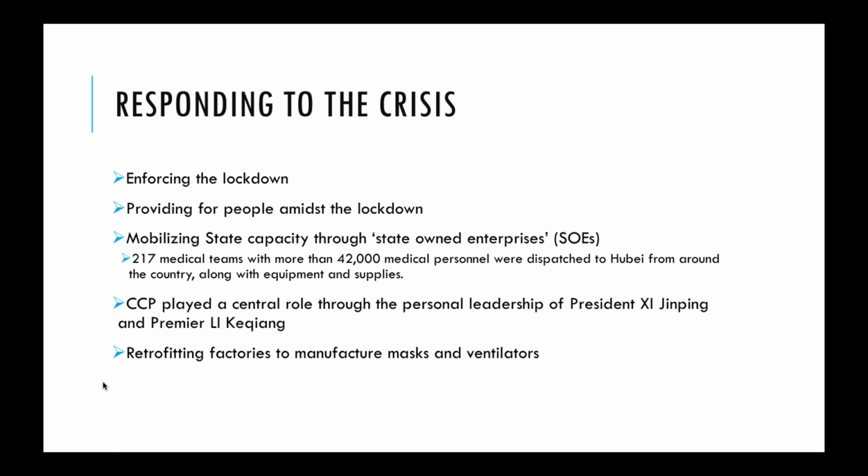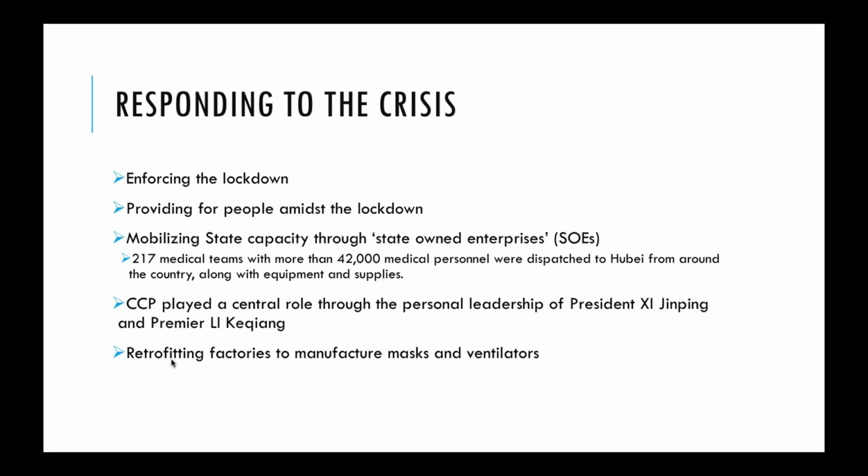And the fifth point I want to suggest is how the manufacturing capability of China today helped in retrofitting factories to manufacture masks and ventilators, which were very critical. And that has happened on a wide scale. On a personal note, my brother-in-law is married to a Chinese woman, and they are still in China amidst this lockdown.